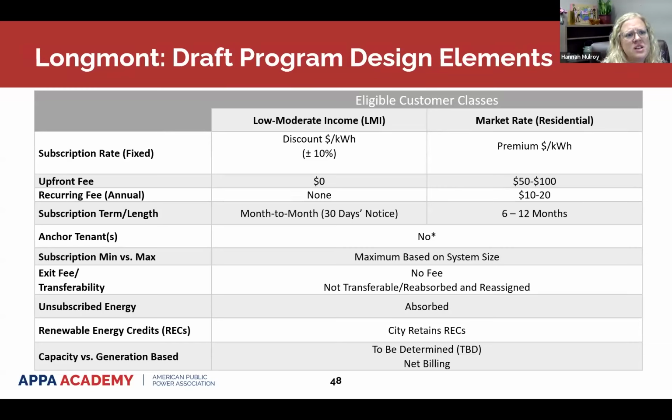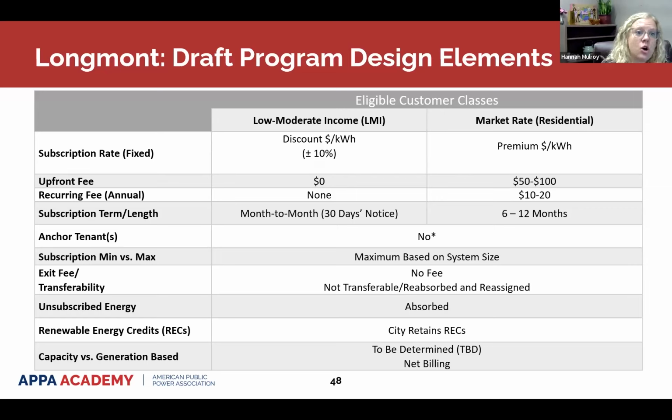And then you'll see we're treating our customer classes a little bit differently than one another, based on best practices to limit barriers to LMI participation, but also to provide some program stability. It's a little difficult, we think, if everybody can do month-to-month leases and there's not really a buy-in; there's not a lot of stability because it doesn't help our program ride the waves.